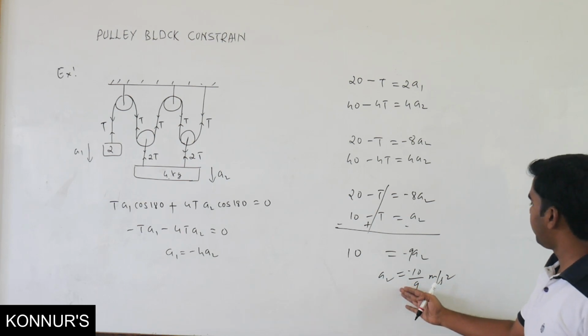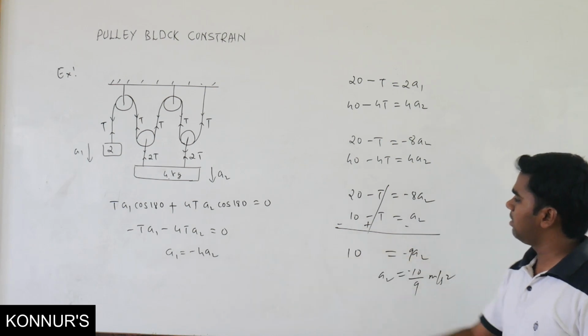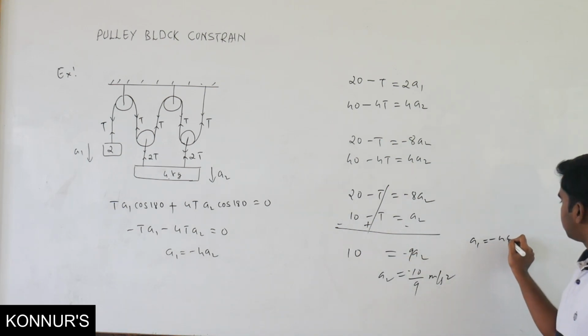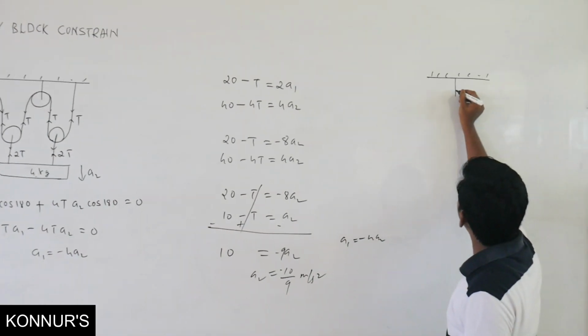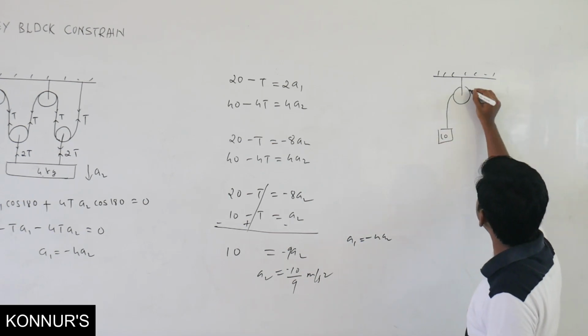So you can substitute the value of a2, and you will get a1, which equals minus 4a2. Just substitute the values. Similarly, you can solve problems like this: suppose a pulley is connected here, and some mass, say 10 kg, is connected.